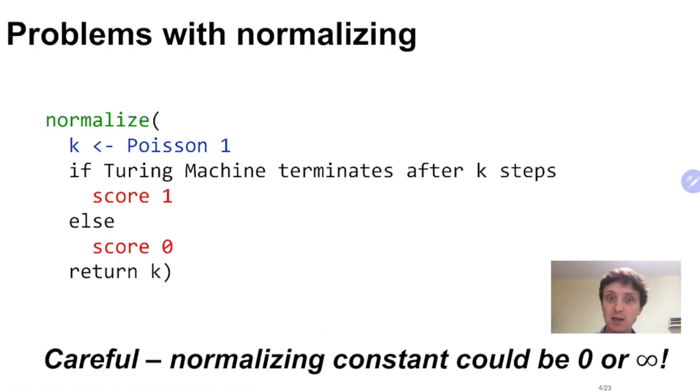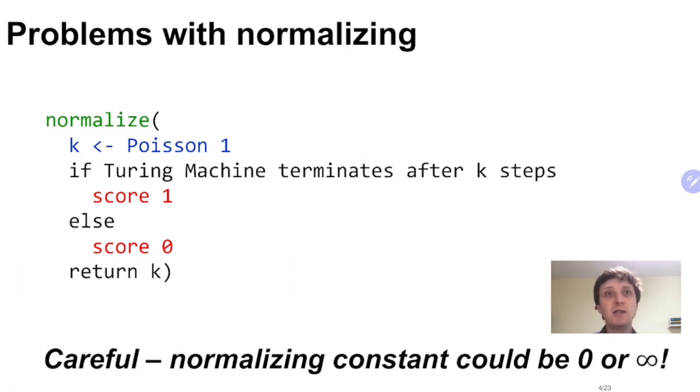And now the normalizing constant is going to be 0 if the machine doesn't terminate, and it will be something else otherwise. And indeed, to find a posterior for this probabilistic model will tell us exactly whether or not the machine terminates and how many steps it's going to take. So that gives you an idea of why inference is hard.